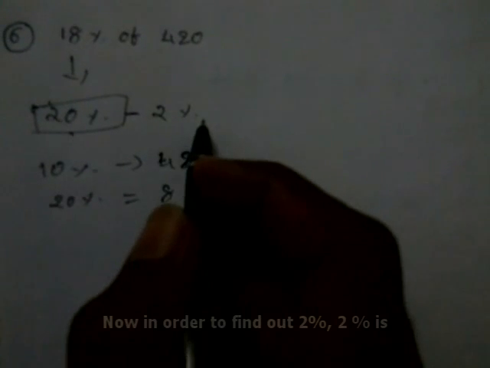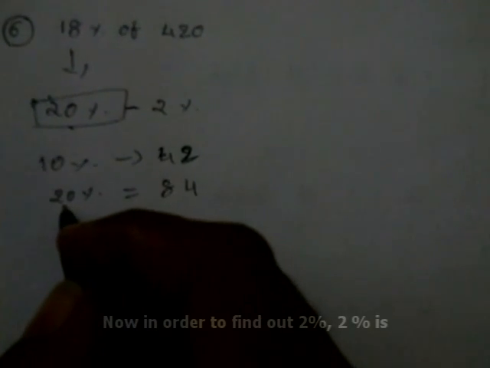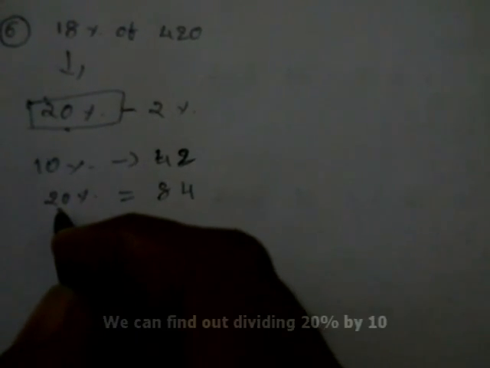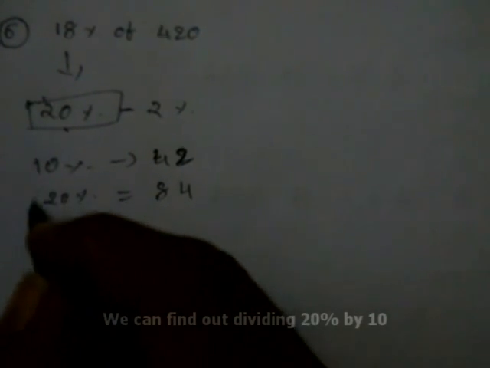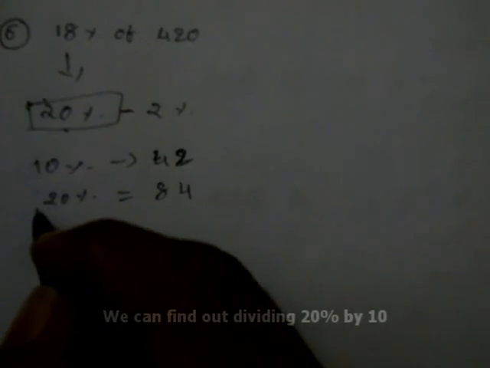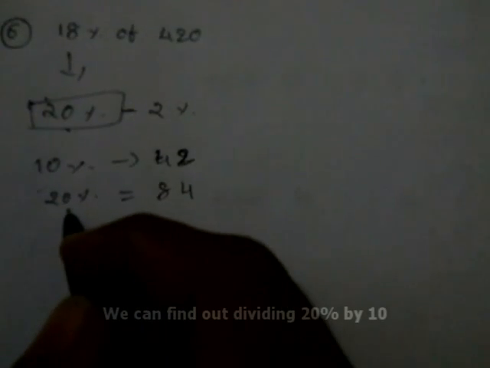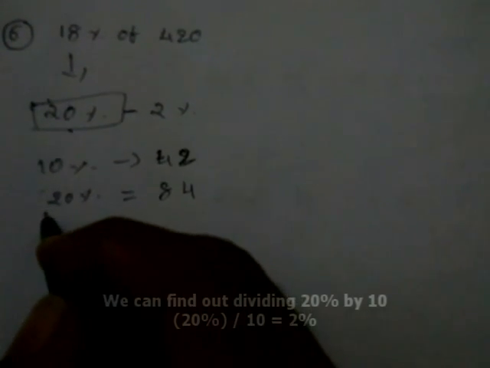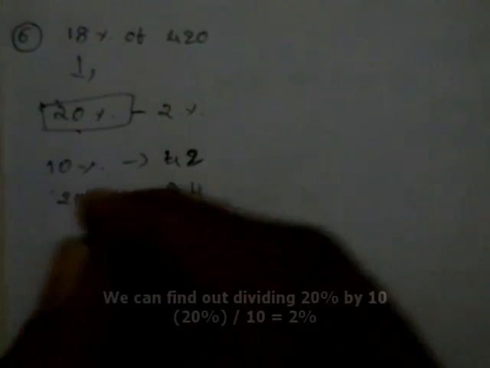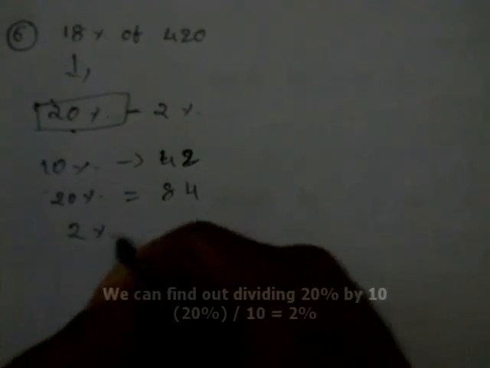Now in order to find out 2%, we can find it by dividing 20% by 10. So divide 20% by 10, we can find 2%.